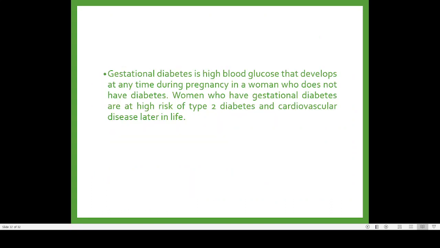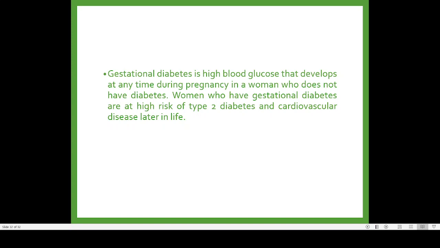Now the third type of diabetes is known as gestational diabetes. Gestational diabetes is a high blood glucose that develops at any time during pregnancy. So this is a different type of diabetes. When a woman is pregnant, some women, not all, will develop a case of diabetes.